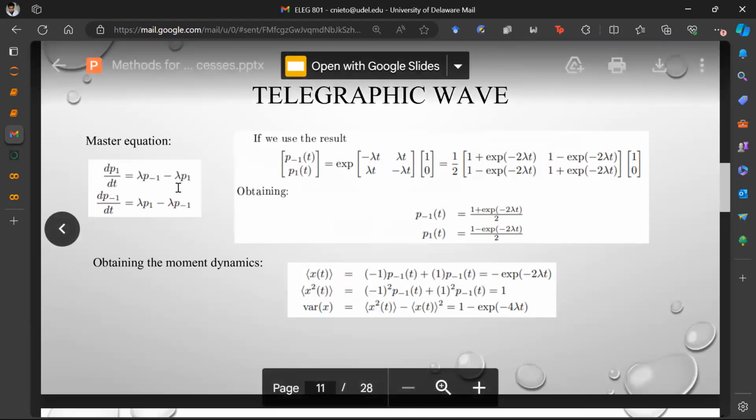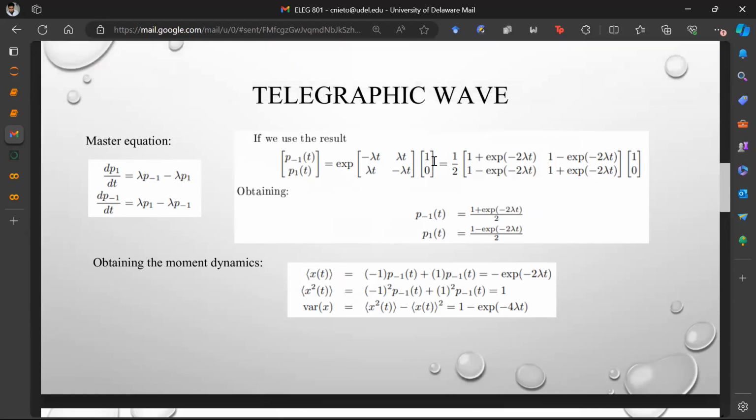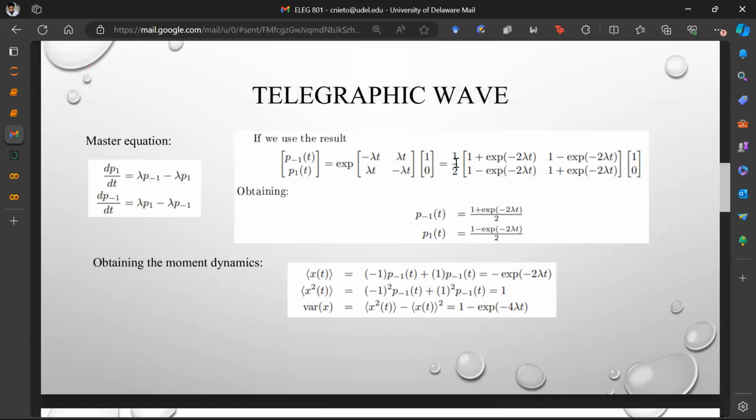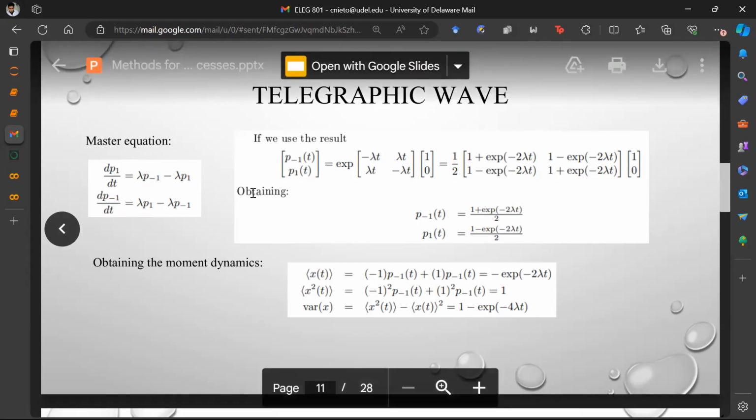Okay, so from the master equation, you can put it in matrix form. You start from state 1, 0, apply this exponential matrix, so this is the solution of this master equation, and you get something like this. You can go and check in Wolfram.